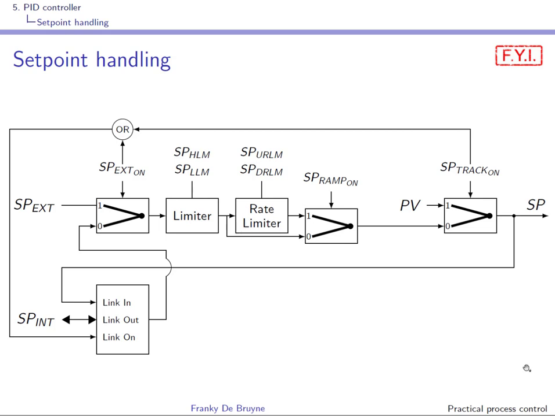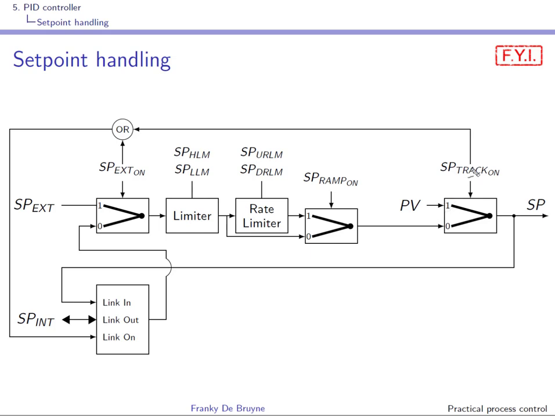Of course, you have to handle also the choice between external and internal set point. This is done with this Boolean signal, and there is also a mode that allows you to make sure that the set point follows PV.